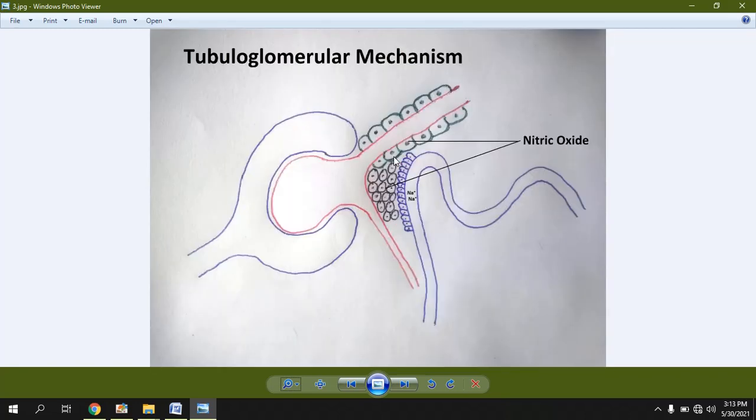Actually, these cells are continuously secreting nitric oxide, but during high blood pressure, the nitric oxide is in the normal, optimum amount, but still in high blood pressure, the amount of blood going this way is increased.